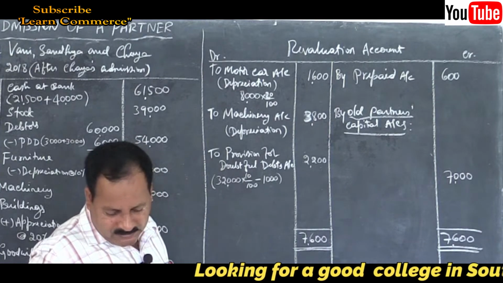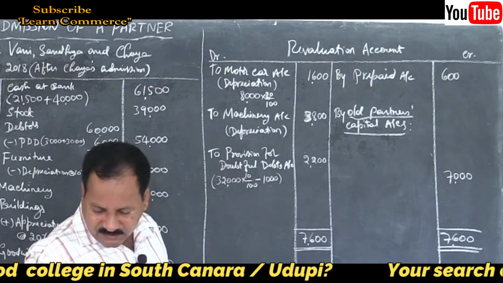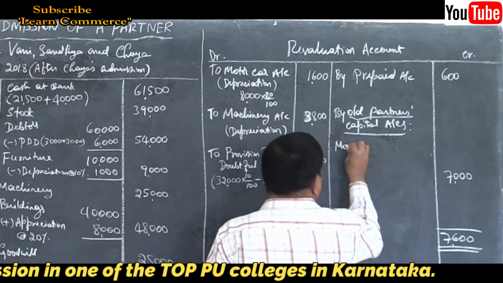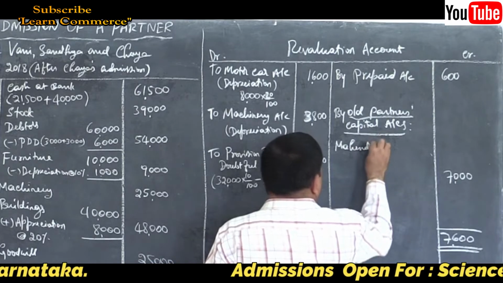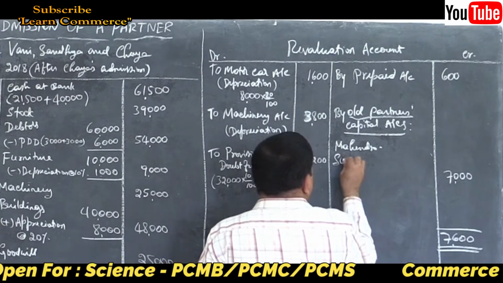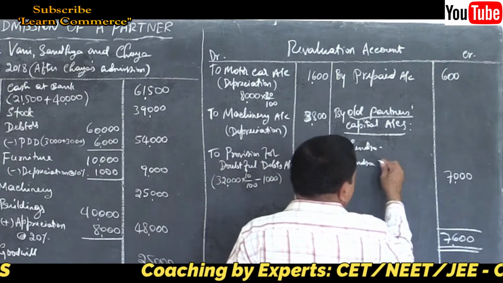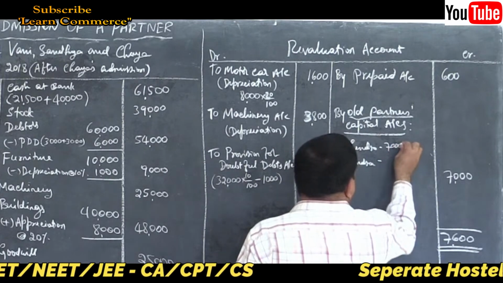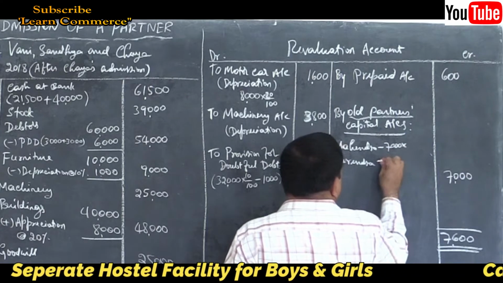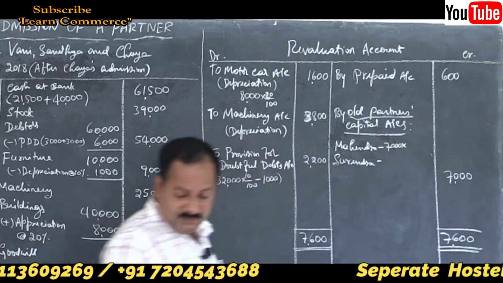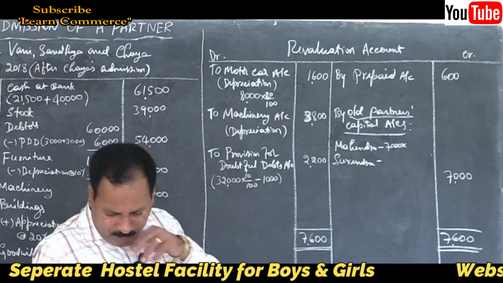Refer, that is Mahendra and Surendra. That is 7,000 into, this was their ratio.